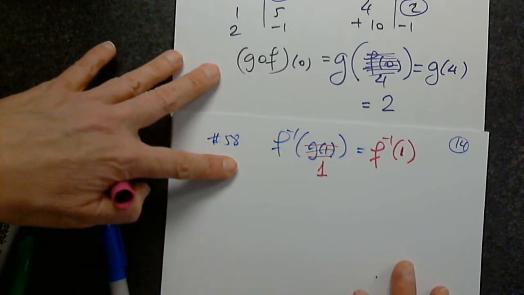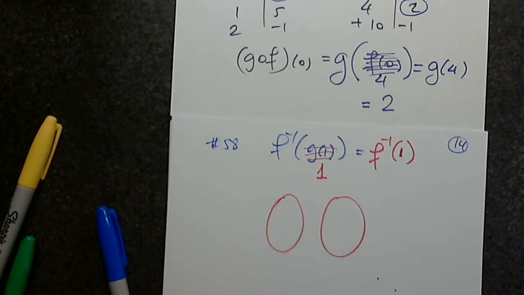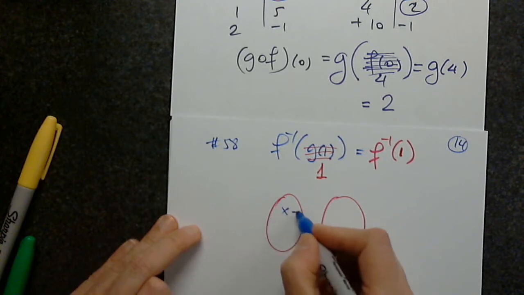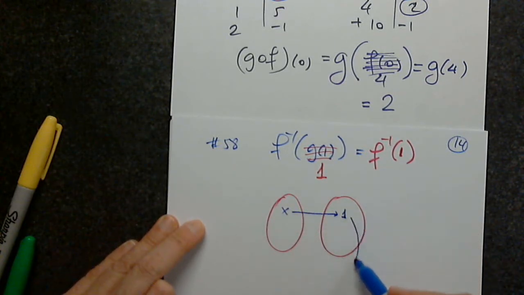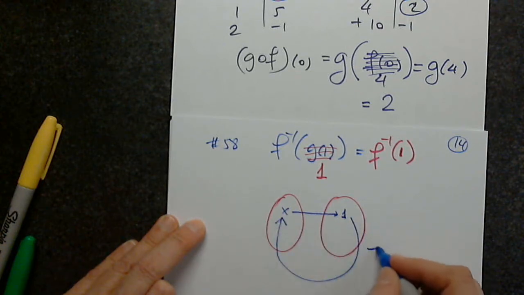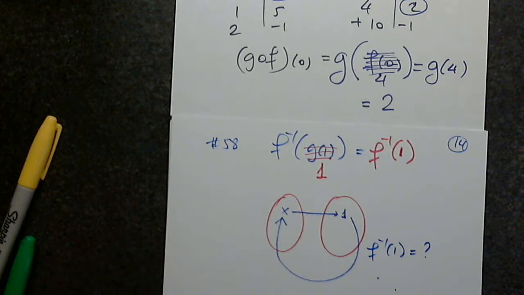Forget about the tables. Let's think for a moment, in terms of bubbles. I have an x that goes to 1 because I want to apply f inverse to 1 and see what I get.